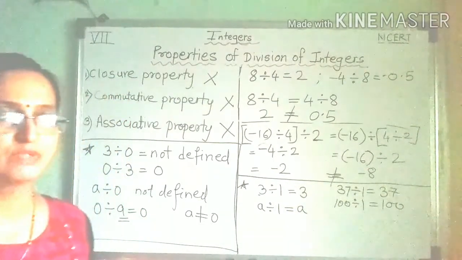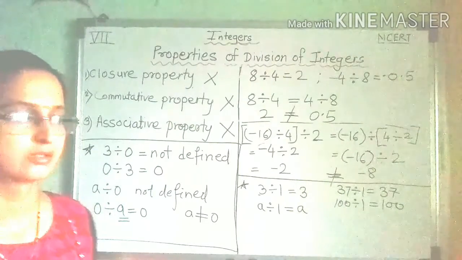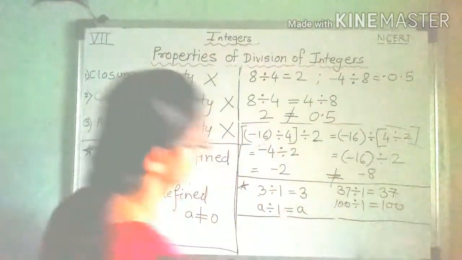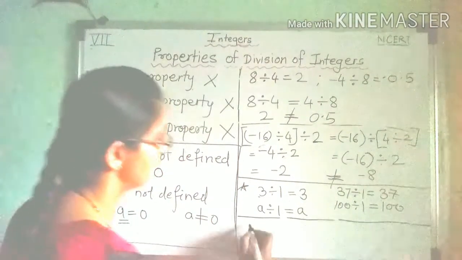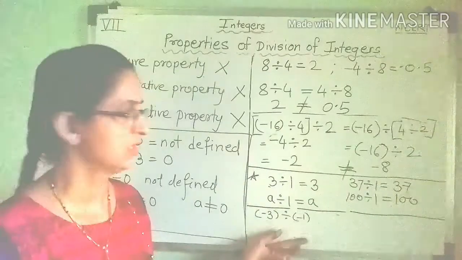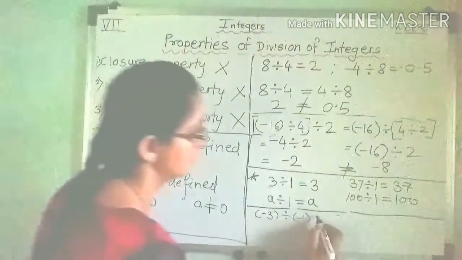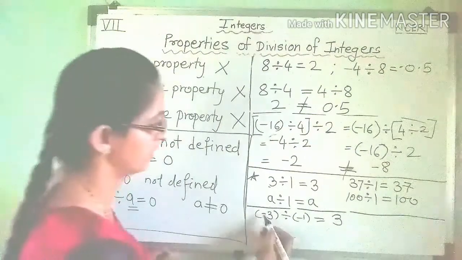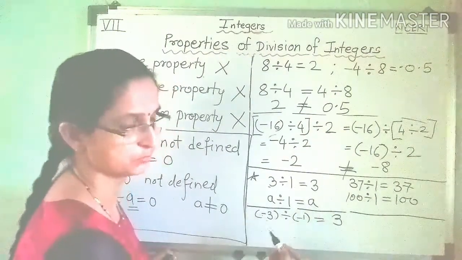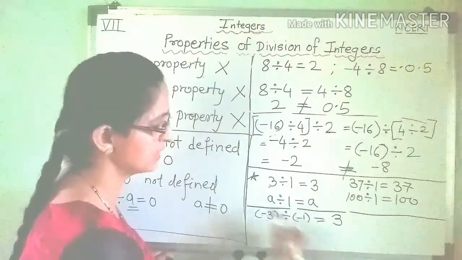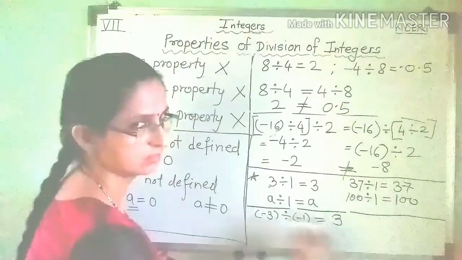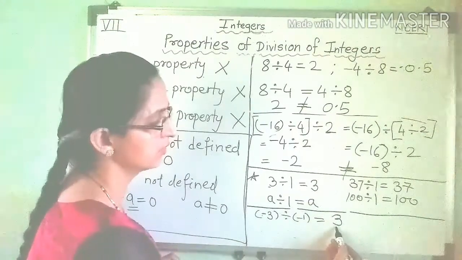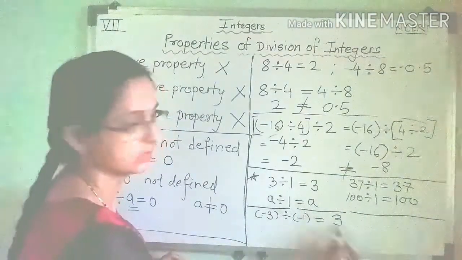And what about when we divide by -1? When any integer is divided by -1, what is the result? Here quotient is 3. Negative will become positive. So when we divide by -1, the quotient is not the number itself. Here -3 was there, but here only positive 3 is the result.